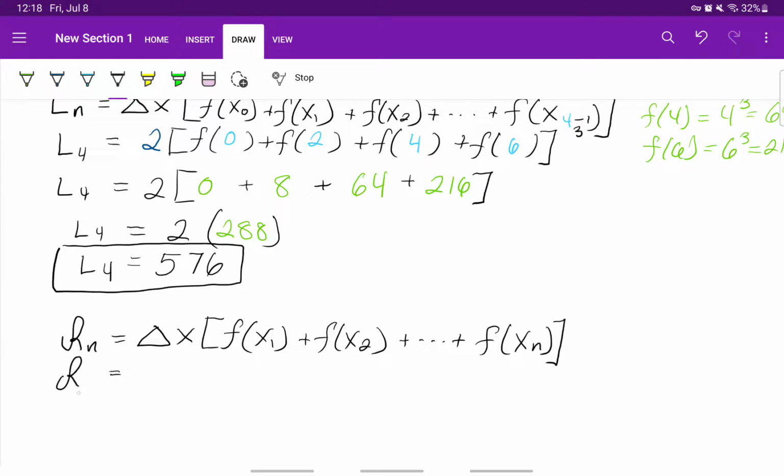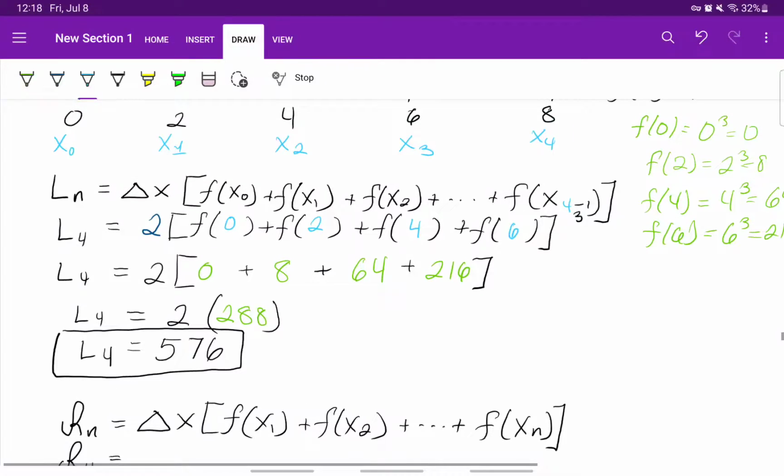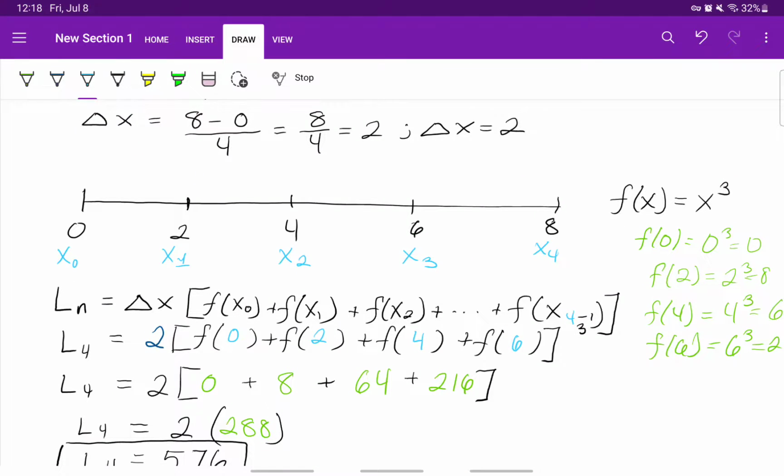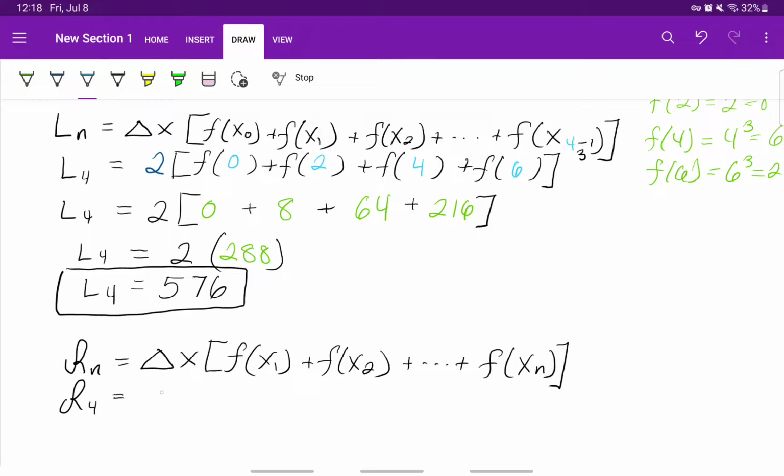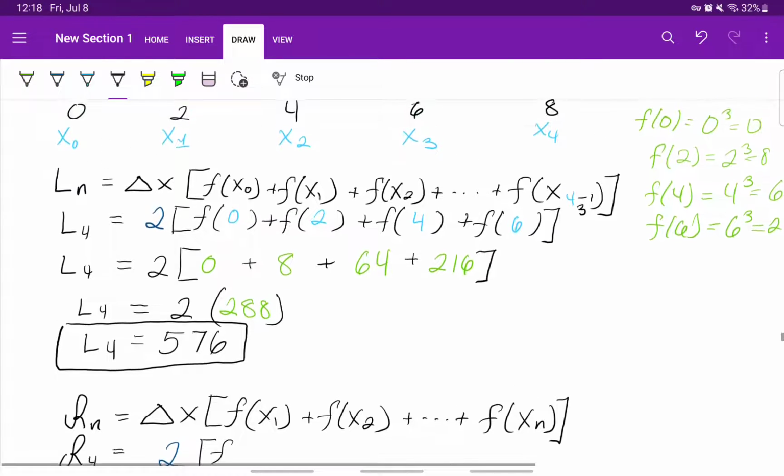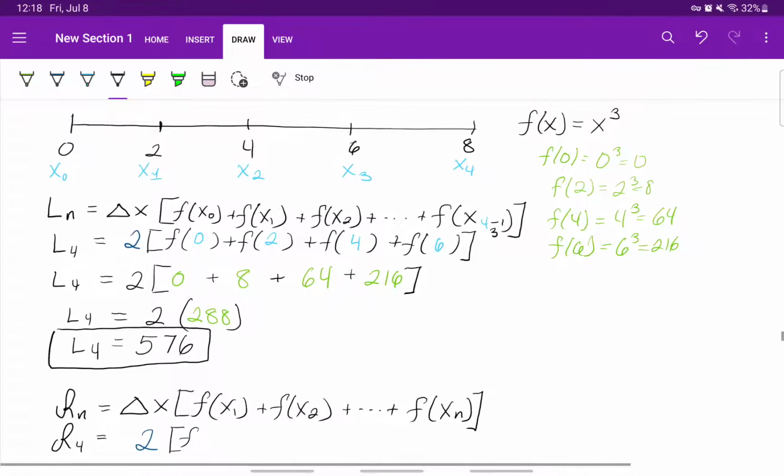So to find the area using right endpoints with 4 subintervals, there's going to be delta x, and delta x, once again, is 2. So 2 times, we start off with x sub 1. X sub 1 is 2.